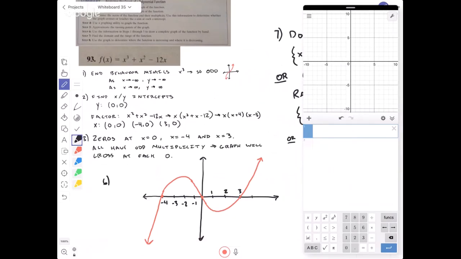You won't be asked about turning points. You won't be asked about increasing and decreasing. But just for a further understanding, we're graphing x cubed plus x squared minus 12x.